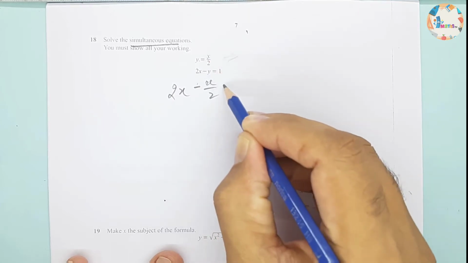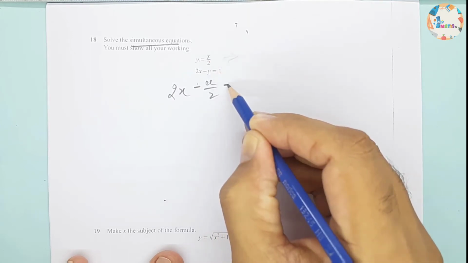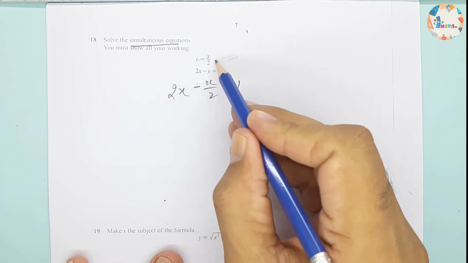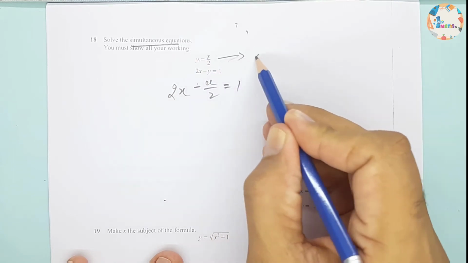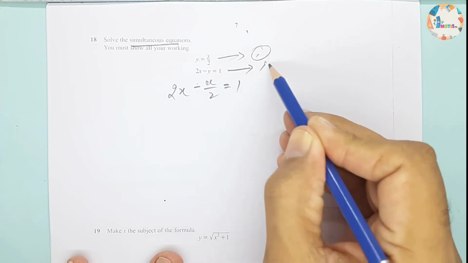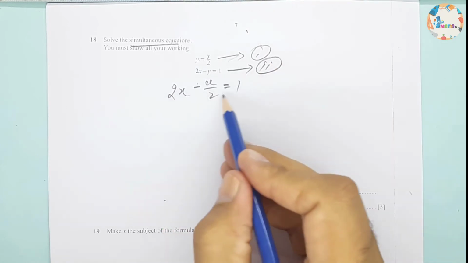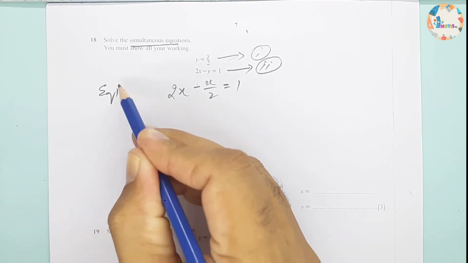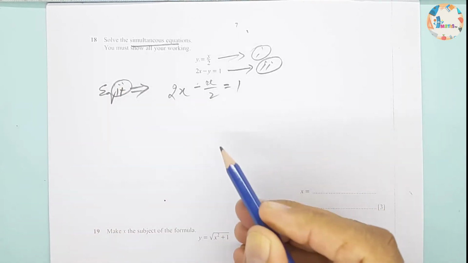So it will be 2x minus x by 2 is equal to 1. What we have done is replaced the value from equation 1 in equation 2, and we got this one.